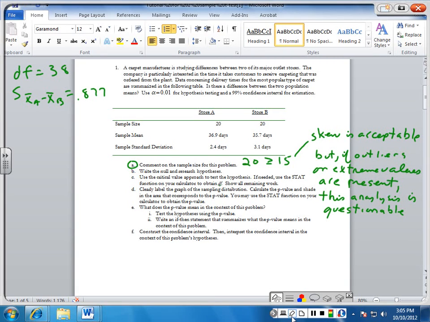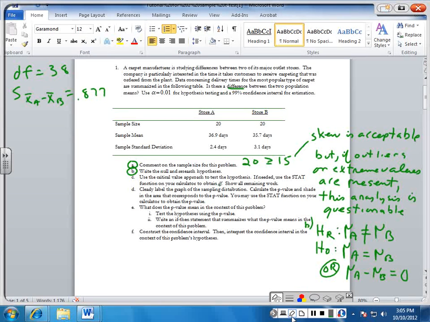So write the research and null hypothesis. This is part B. Remember we said it's based on difference, H1: mu A not equal to mu B, and H0: mu A equal to mu B, or equivalently, mu A minus mu B is equal to 0.